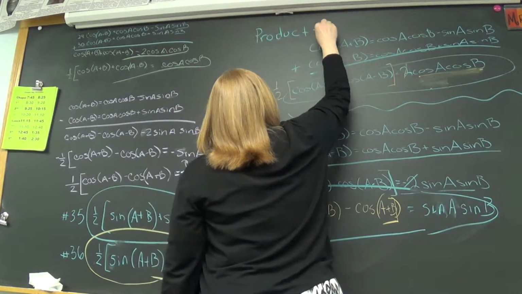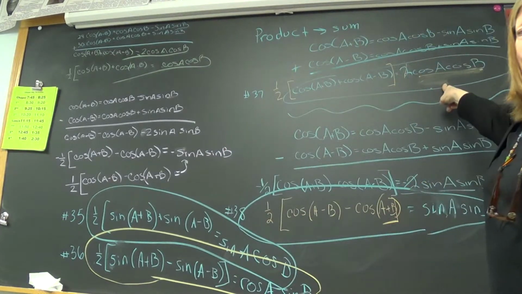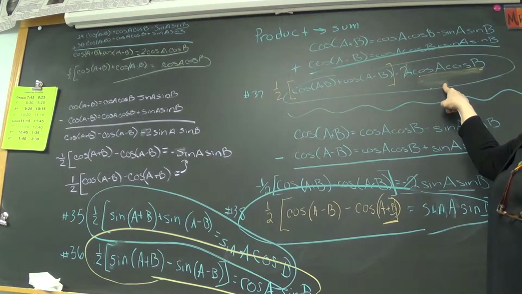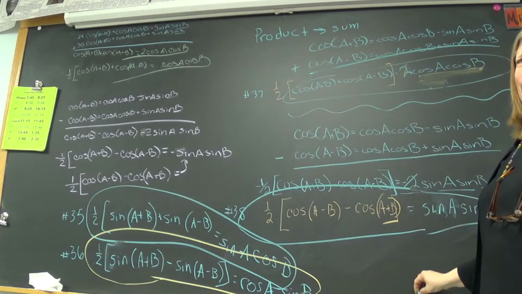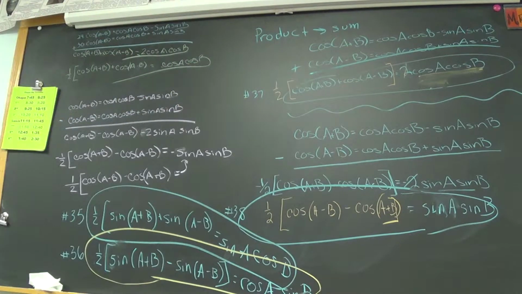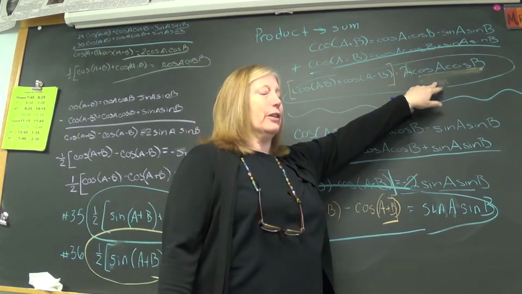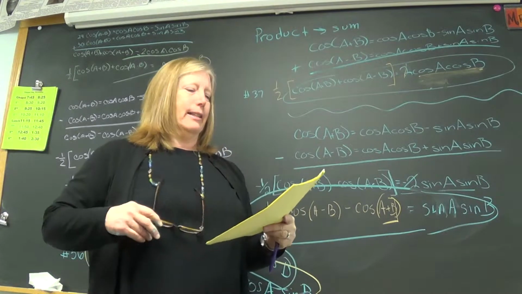Product to sum. Right. Because in your work, you're going to start with values that look like this. They're going to be products. And I'm going to ask you to write them as a sum, I think. So, sometimes you can take these either way, as you can notice. But I think we want to title it product to sum. We're going to start with this side and end with that side.